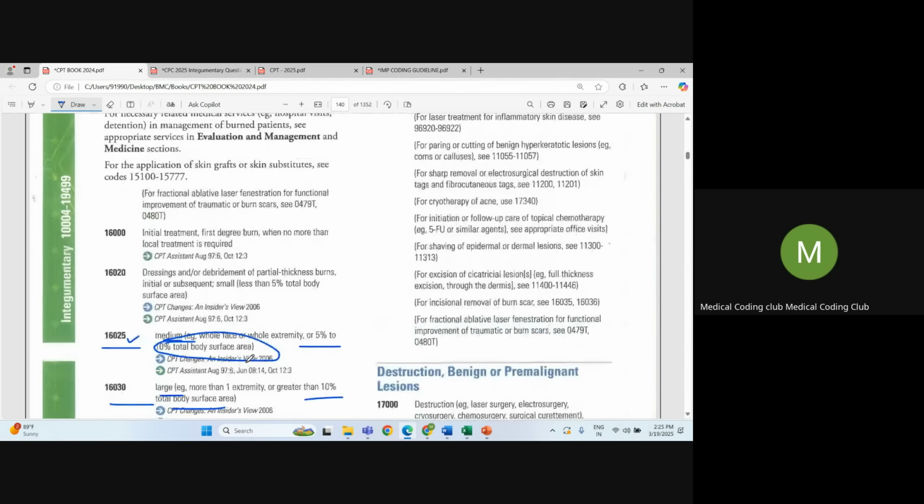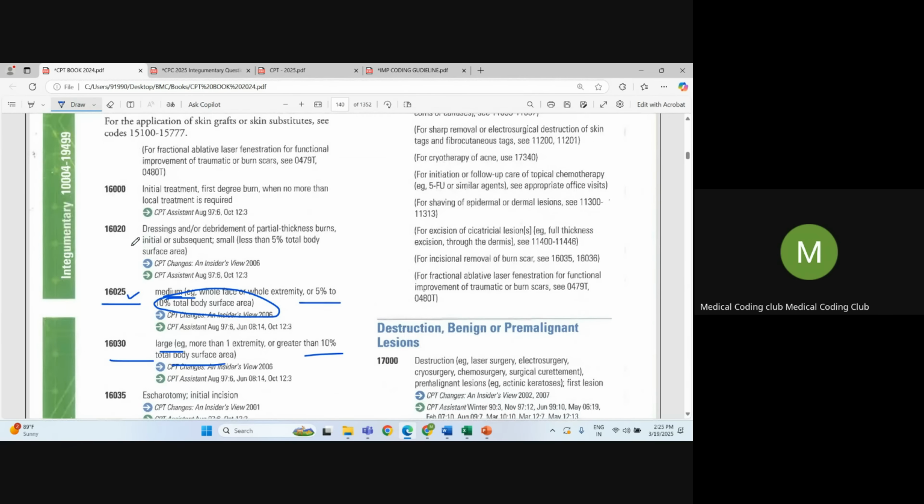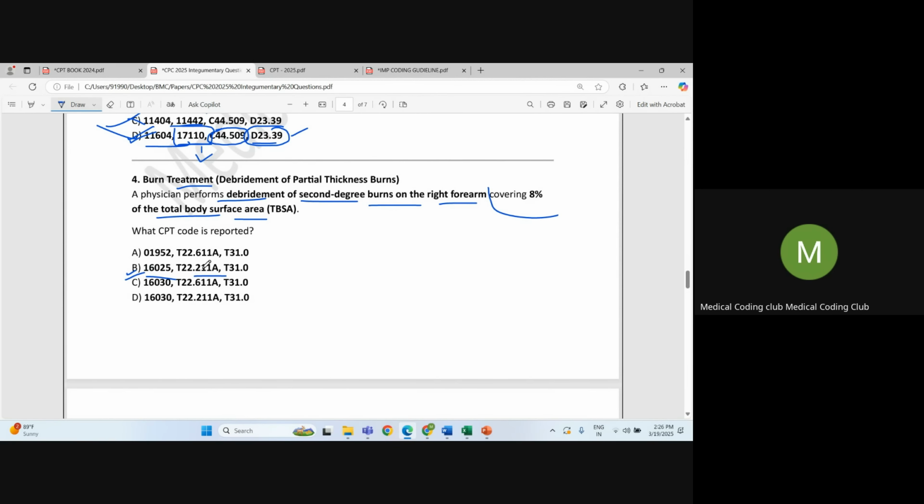You just have to check the code. Partial thickness burn. So please check the ICD codes, whatever is matching for the second degree right forearm. Just a minute, I'll check that also.